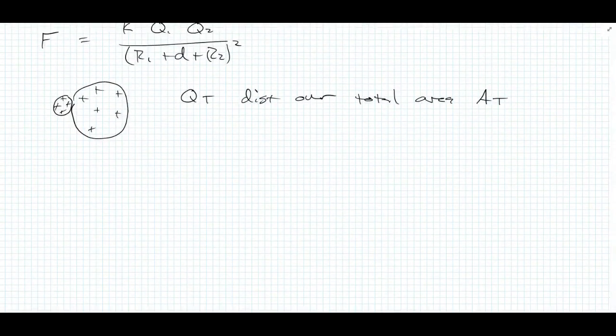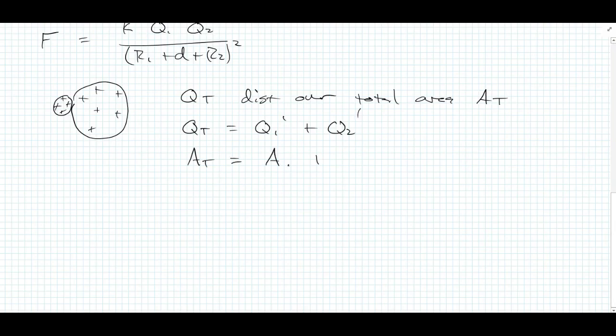So if I've got a total charge Q sub t that is distributed over a total area A sub t, I can just say that the total charge is Q1 prime plus Q2 prime, and the total area is A1 plus A2. And the area of a sphere is 4 pi r squared.